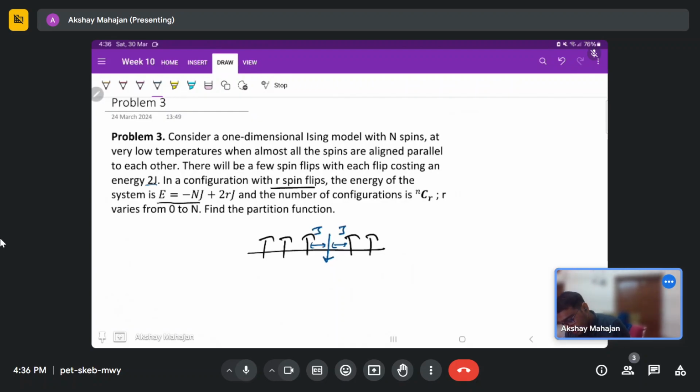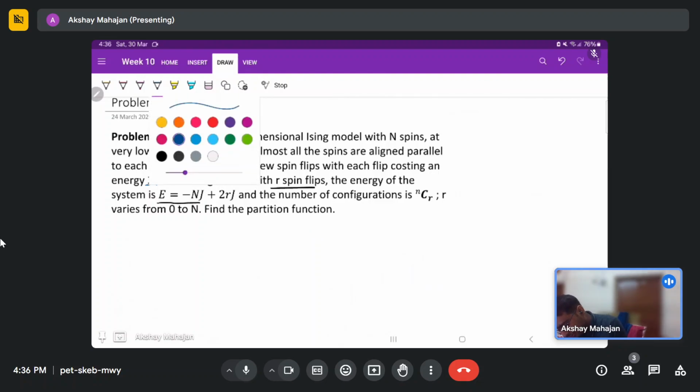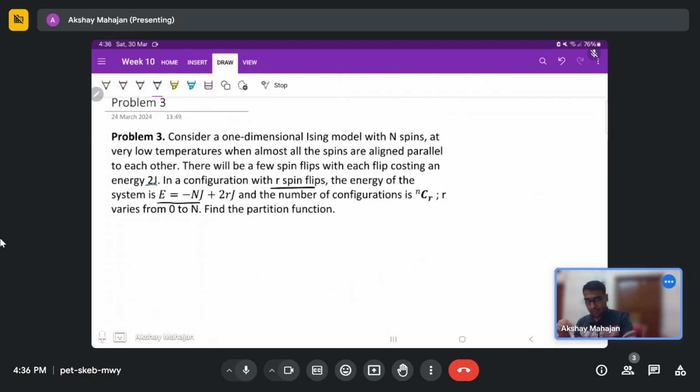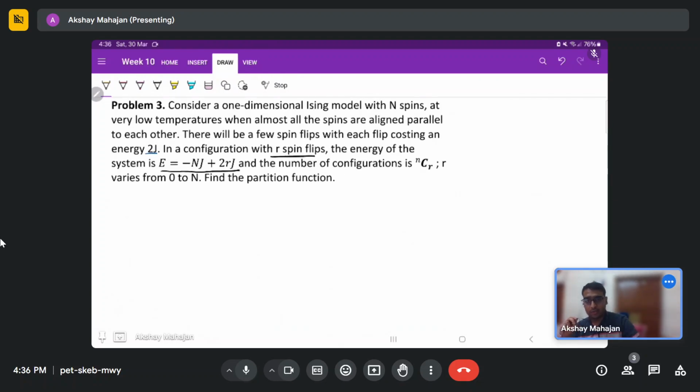According to this, we can write our energy functional as written here: E equals minus NJ plus 2RJ, where R is the number of spin flips, and the number of configurations is NCR, where R varies from 0 to n.